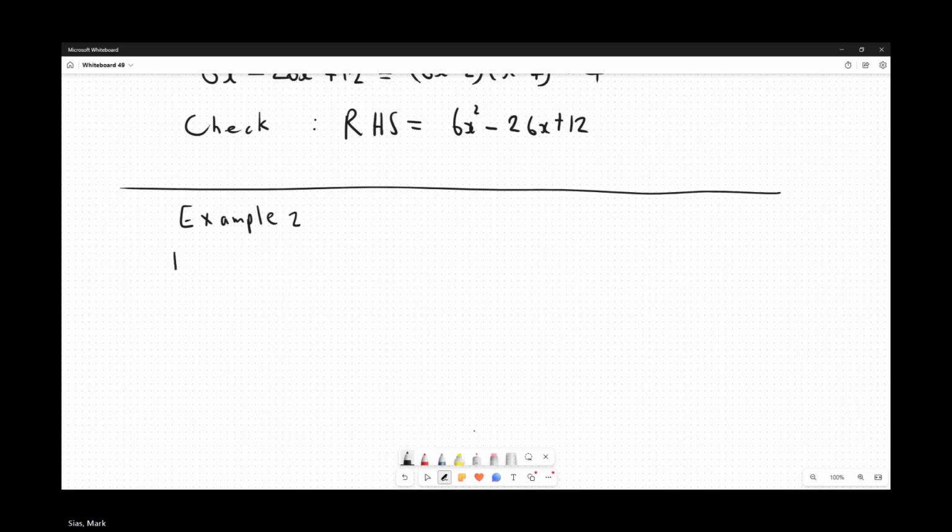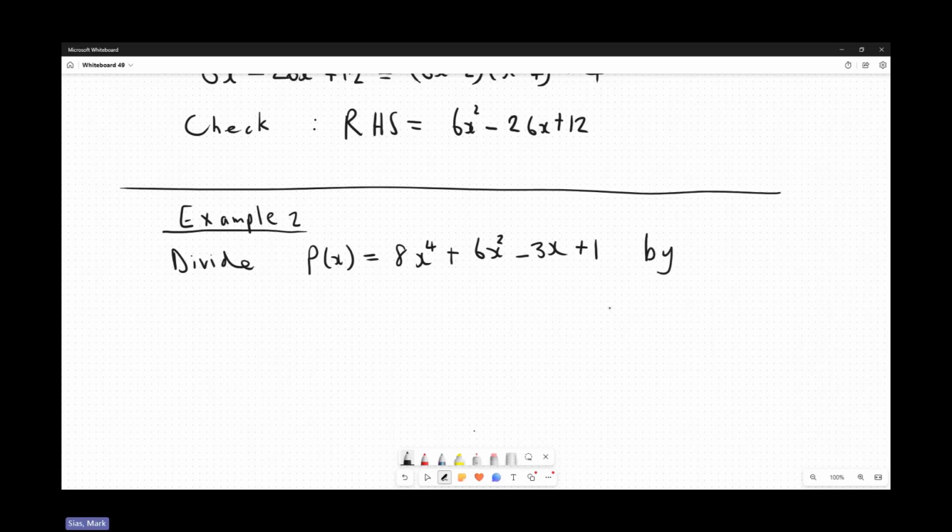So divide P of X equal to 8x to the 4 plus 6x squared minus 3x plus 1, divided by the polynomial function, this is a quadratic function, d of x equal to 2x squared minus x plus 2.